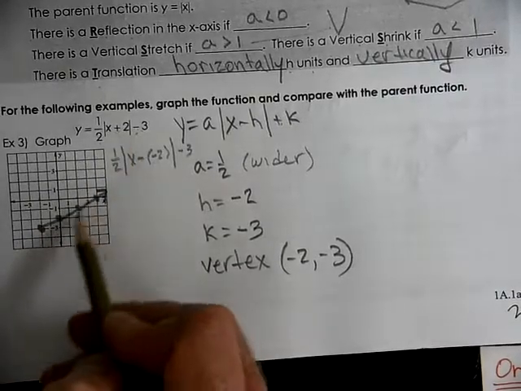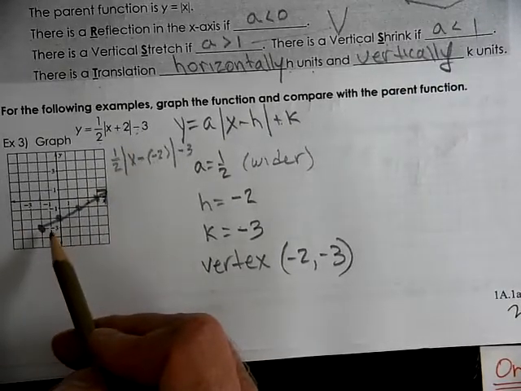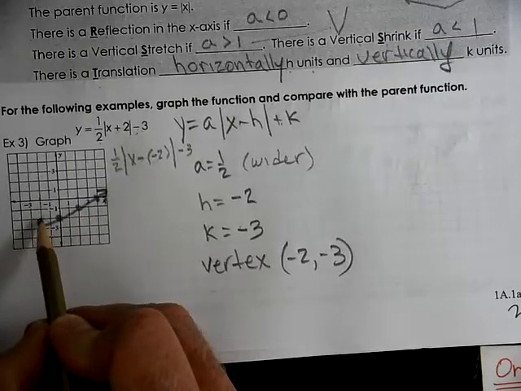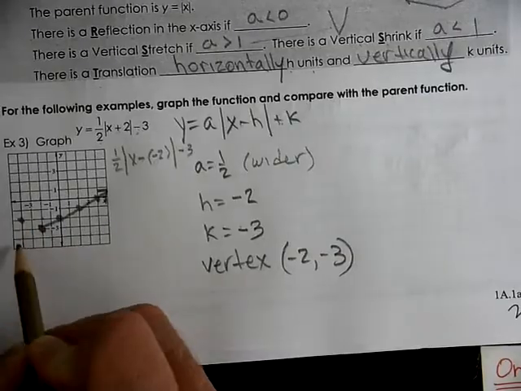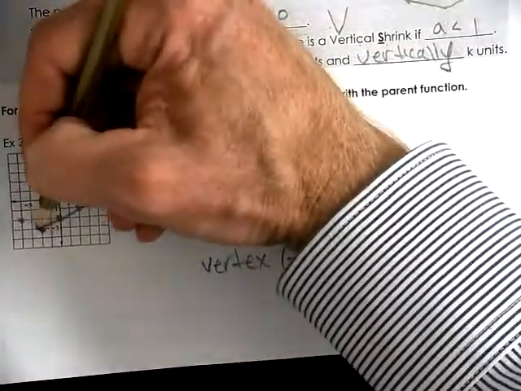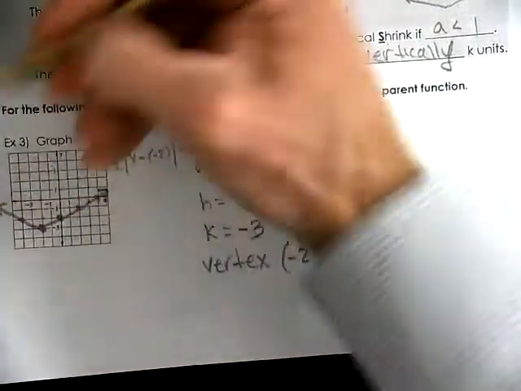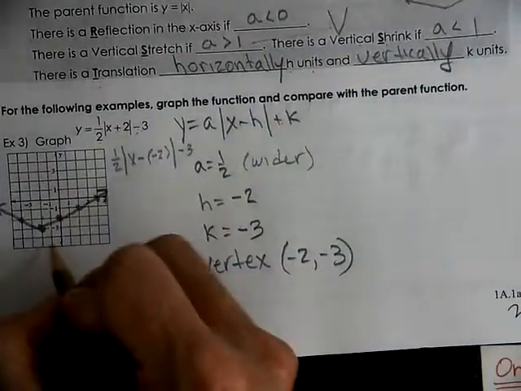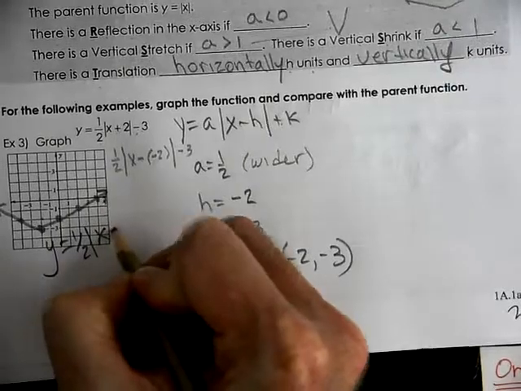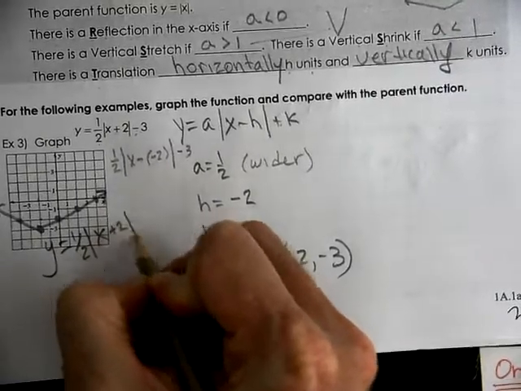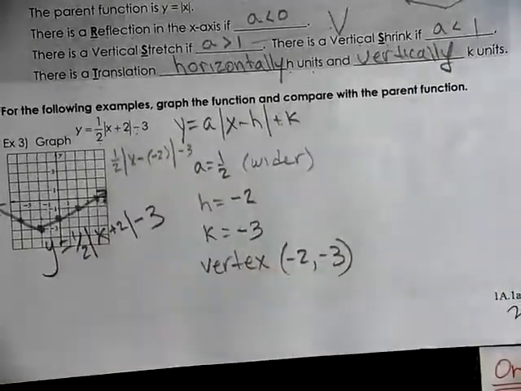Absolute value always makes a V shape for the graph. So here we're going to go up 1 and we go the other direction 2. That's going to look like so. So y equals half the absolute value of x plus 2, minus 3.